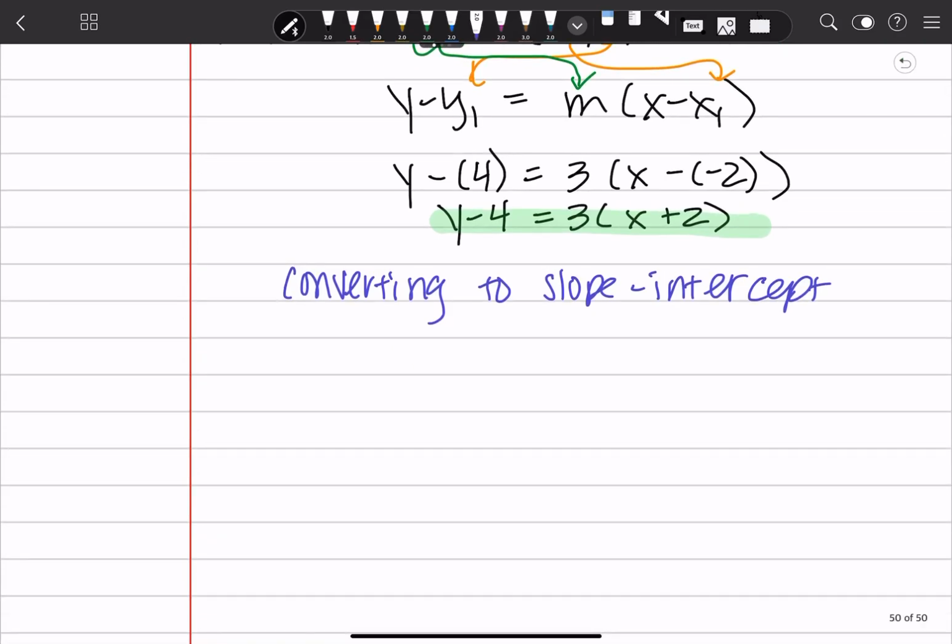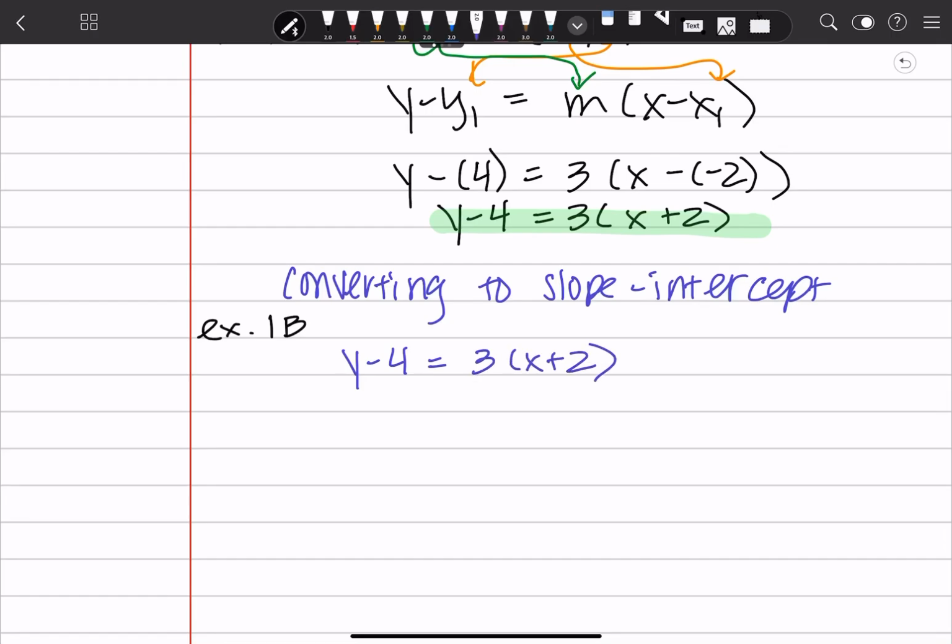All right, so we are going to use that same one. We're going to use example 1. I'm going to say example 1b for this. All right, so we've got our equation of y minus 4 equals 3 times x plus 2.